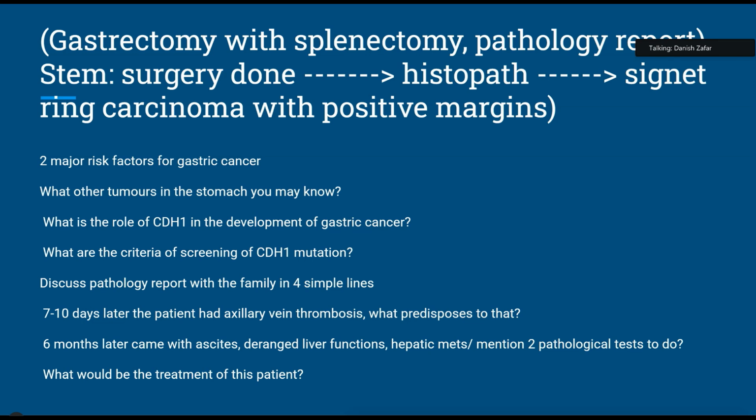Okay. So 7 to 10 days later, the patient develops axillary vein thrombosis. Which factors predispose the patient to develop axillary vein thrombosis? Okay, the factors will include stasis in the axillary vein.